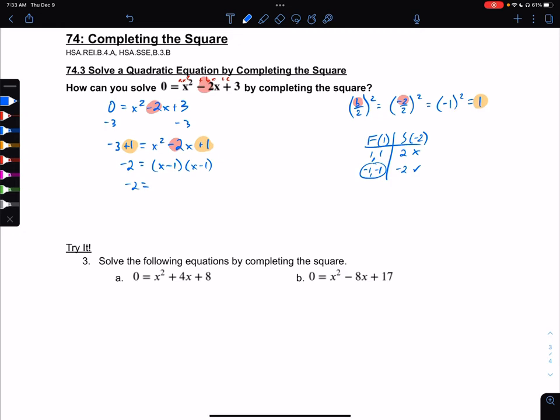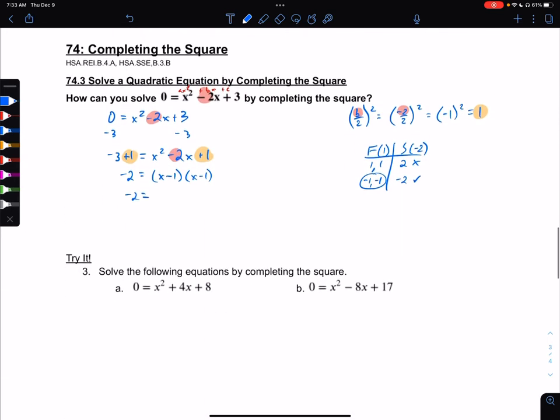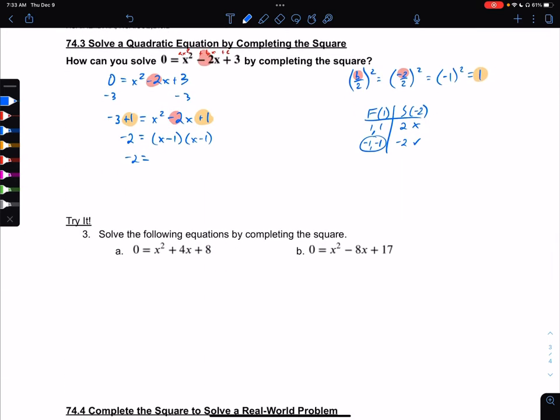So we would rewrite this in the form, if you go back to example 2, this x plus p squared equals q form. So we have -2 equals x minus 1 squared. You can then take the square root of each side, and remember, if we have negatives, we have the value of i.